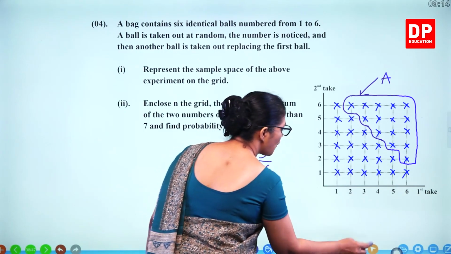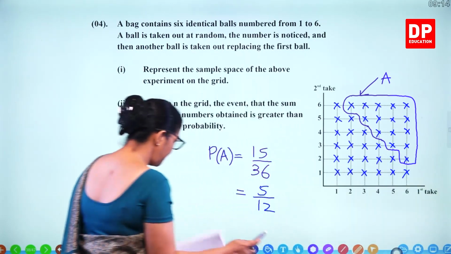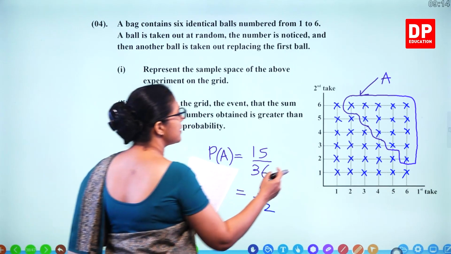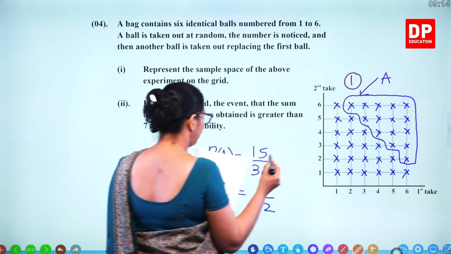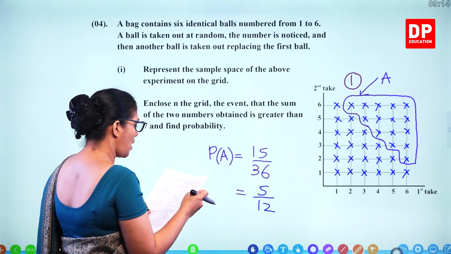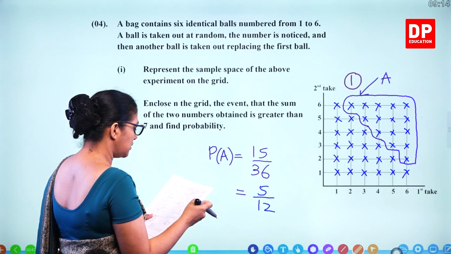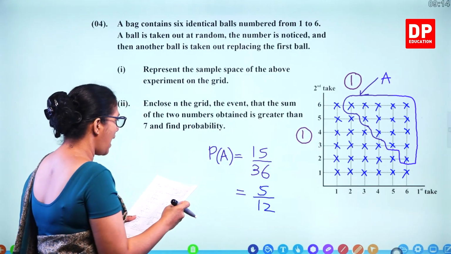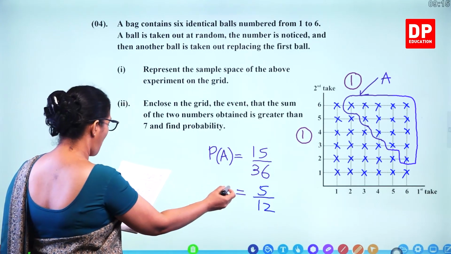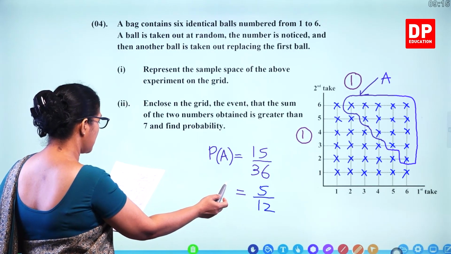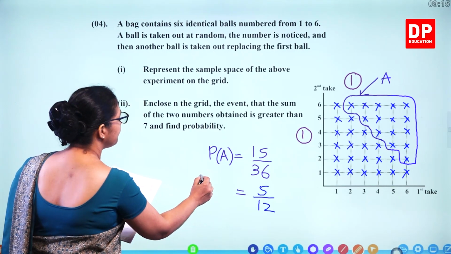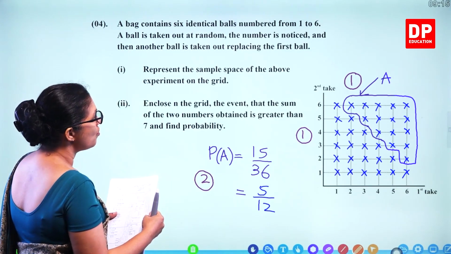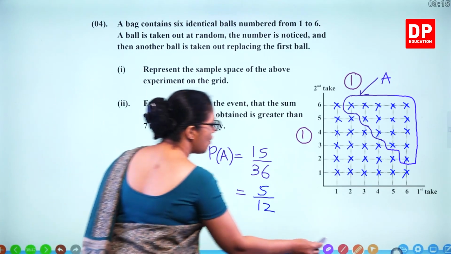So how many marks for this one? You get 1 mark for marking the grid, and 1 mark for marking the other points. And here for the probability, you get 2 marks. So 2 and 2, 4 marks.